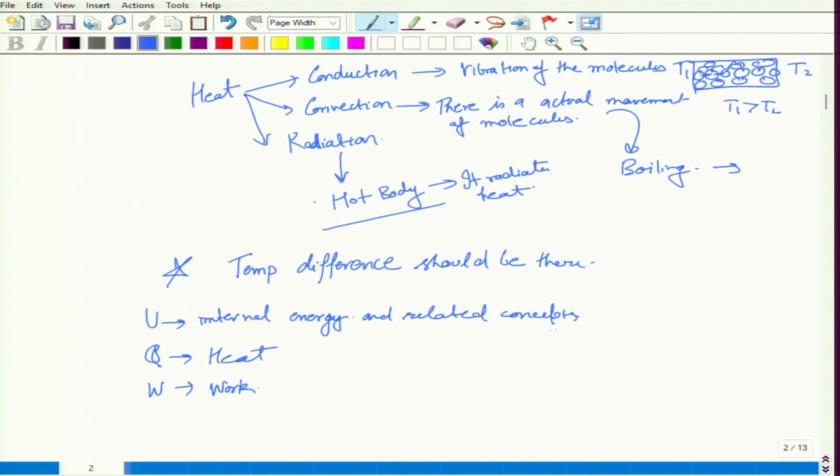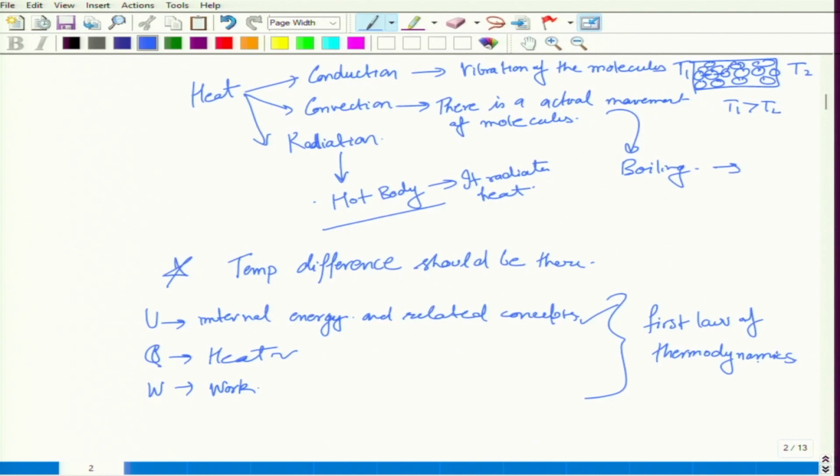We have already discussed this, we are currently discussing this, and in future we will discuss work. Once we are clear with all of these concepts, we are fully acquainted to go on to the first law of thermodynamics.